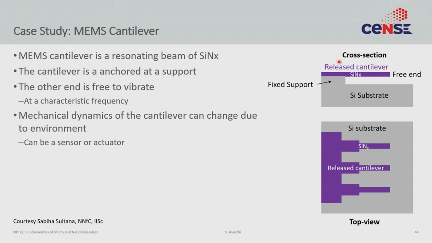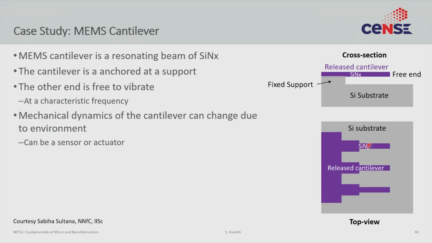So this is what we intend to make, right? We have a silicon substrate, we have an overhang, and we have this fixed support. So we have to figure out a way to do the silicon nitride etch, to define the silicon nitride. Looking from the top, this is what the cantilever would look like. This is the cross-section view, this is the top view. You see that some amount of silicon nitride is on this fixed support, but beyond this edge, this much silicon nitride hangs out.